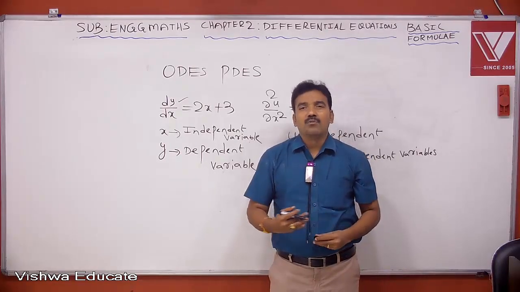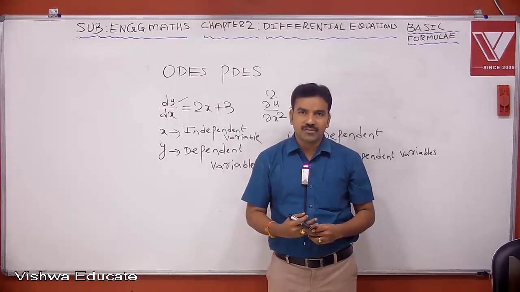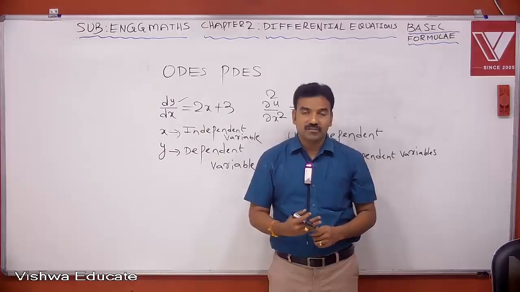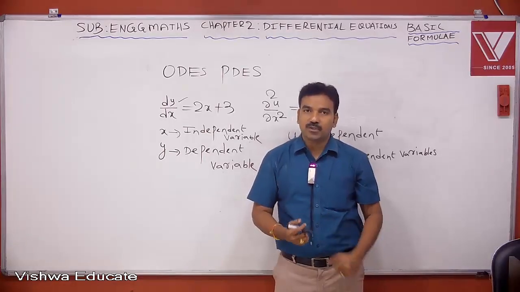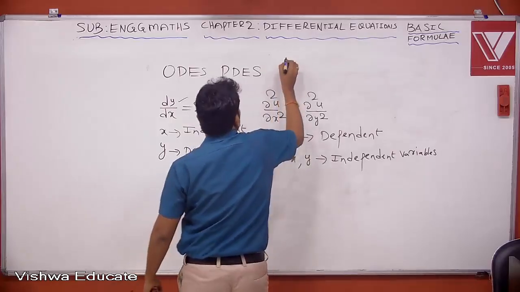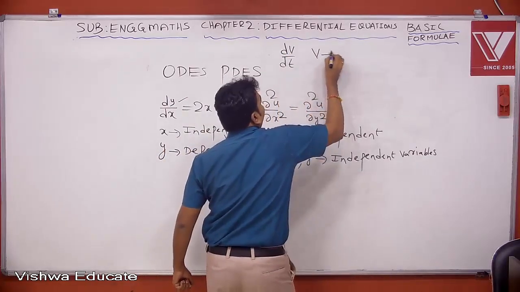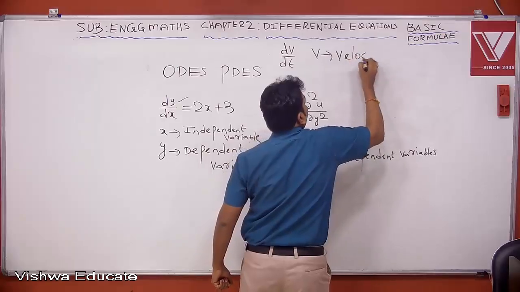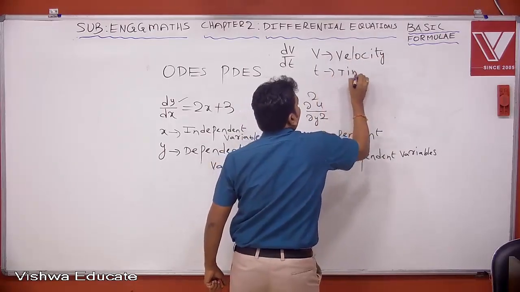Say for example, mechanical branch students and civil students always discuss acceleration. So what is acceleration? Rate of change of velocity with respect to time. So we can write dv by dt. Here v is velocity and t stands for time.